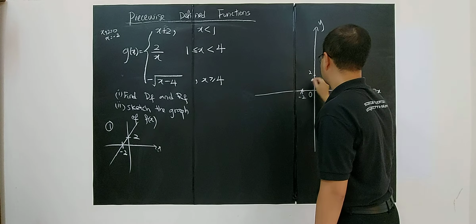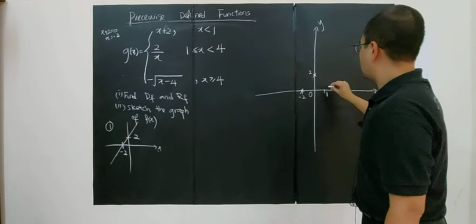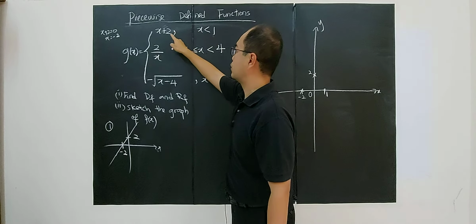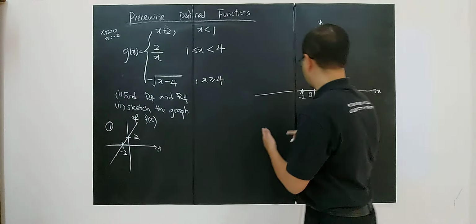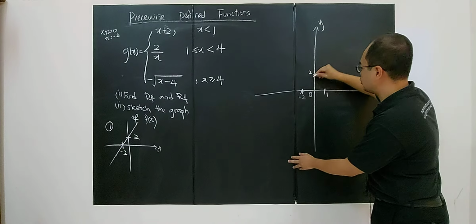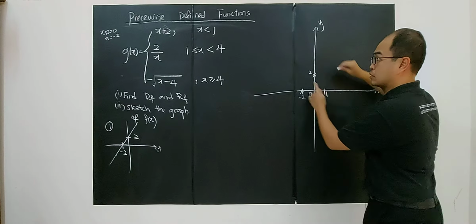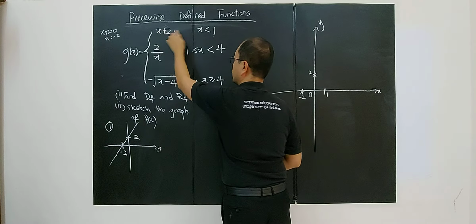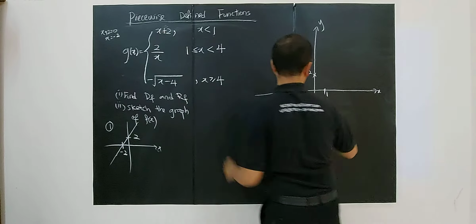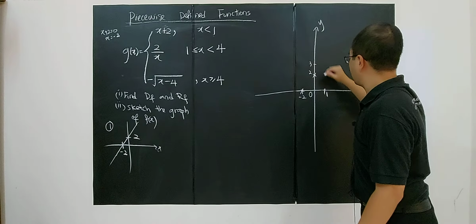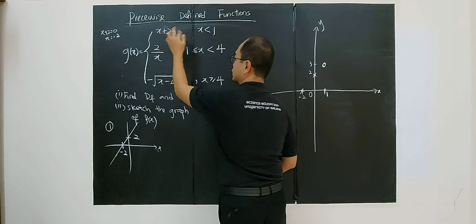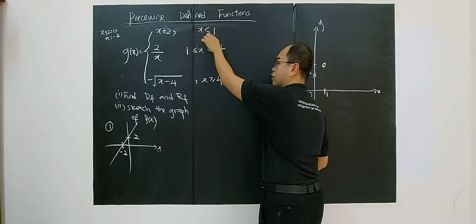At 1, we need one more point here, because you want a straight line and you want to know where the line goes. When you put 1 inside, 1 plus 2 is 3. So at x equals 1, it will be at 3. But we cannot include 1.